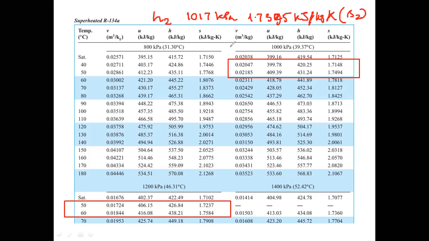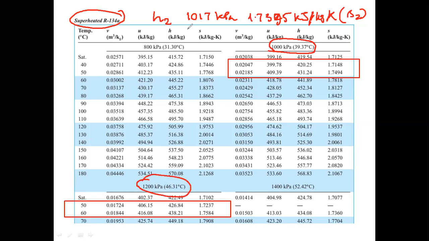Now, how to calculate that? You see, in the superheated table for R134A, the data corresponding to 1000 kilopascal is given, and the next data is given corresponding to 1200 kilopascal.